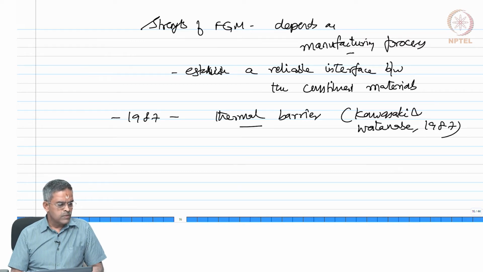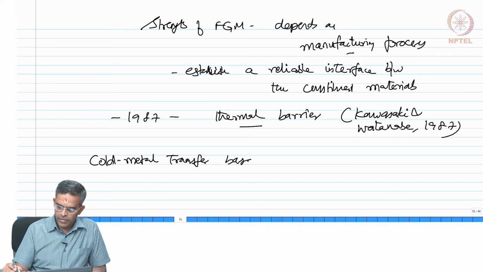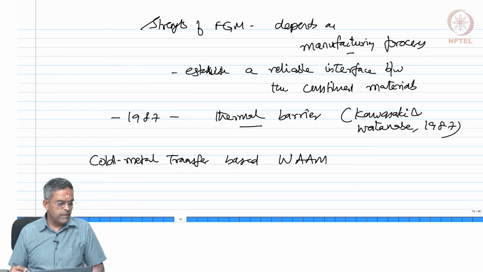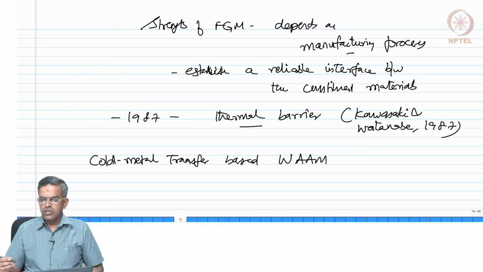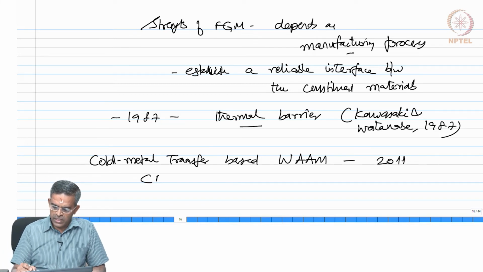However, the cold metal transfer based WAAM, wire arc additive manufacturing, was brought to commercial use only in the year 2011. So, this is called CMT, cold metal transfer.